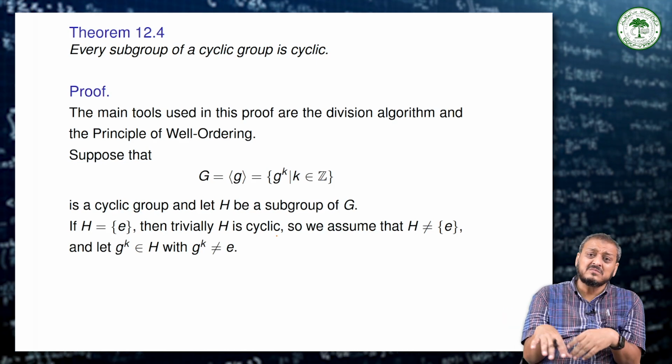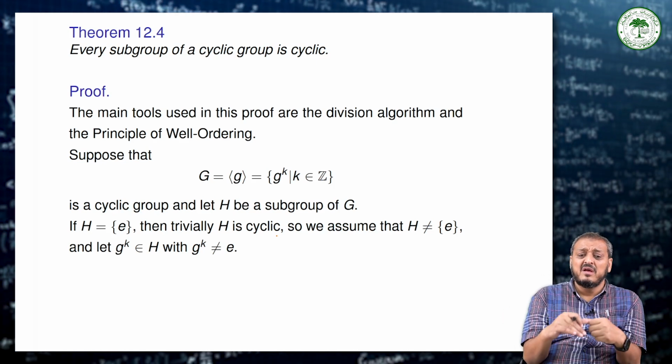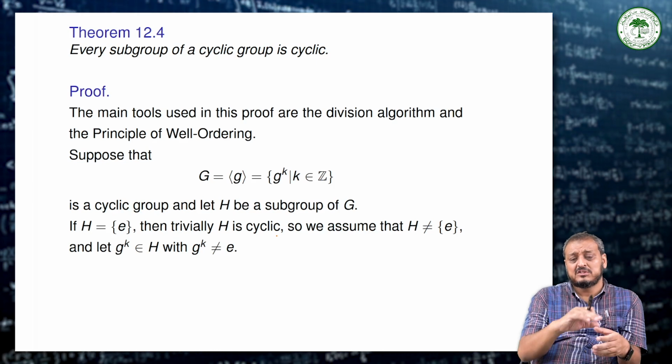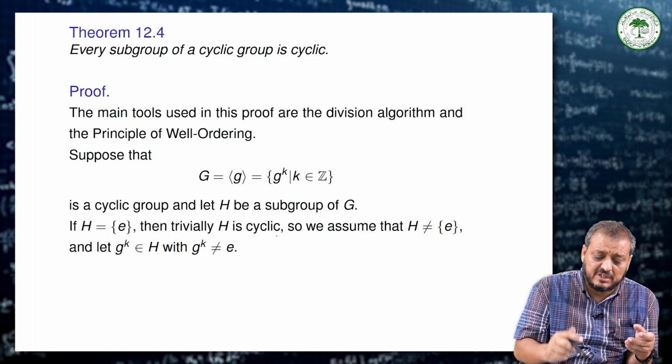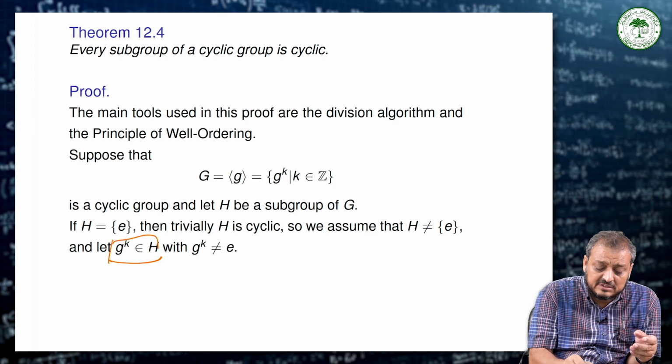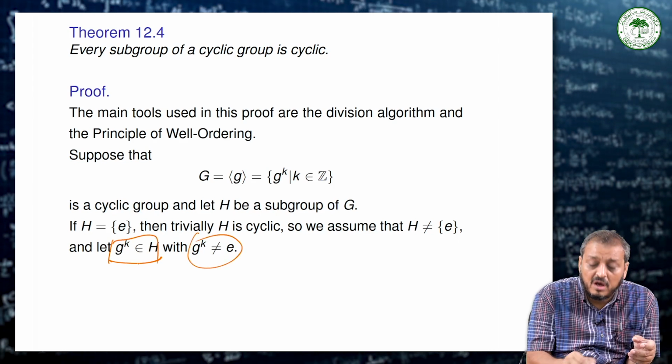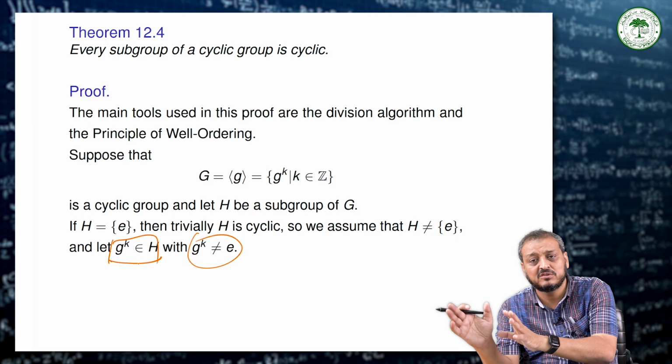So we assume that H is not the identity. That means, after the identity, there is some other element, some power of g, which is an element of H, and clearly g to the power k is not equal to the identity.